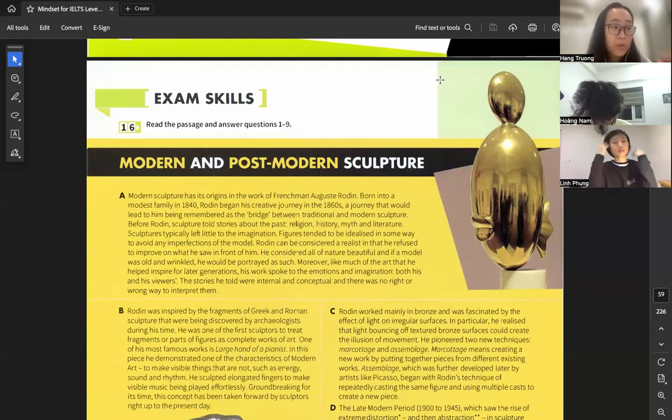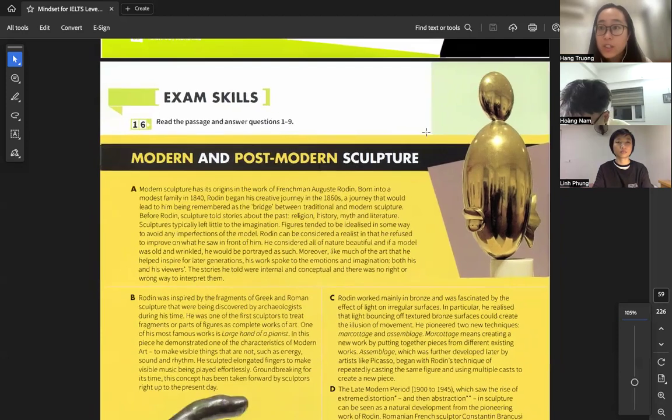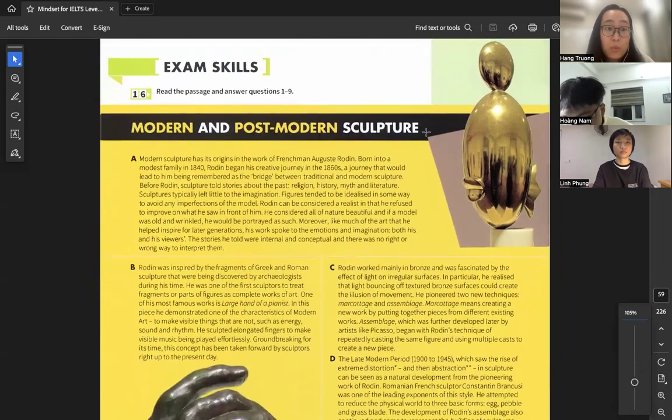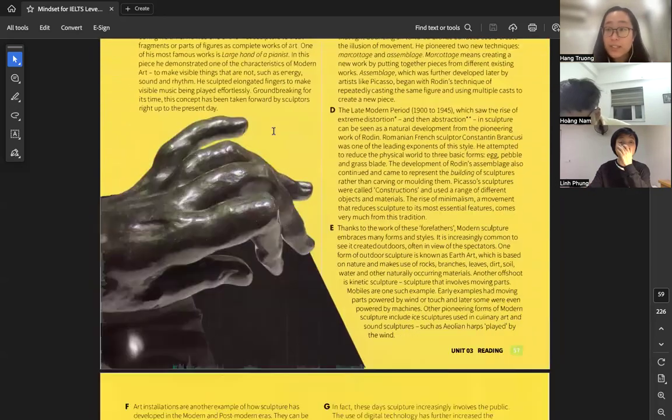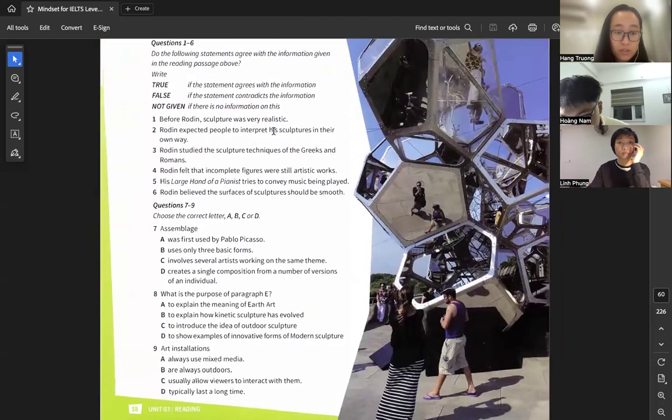Before we study the new task types, let's correct the homework from last time. I already mentioned in Google Classroom that we will correct your answers to exercise number 16, Modern and postmodern sculpture. This exercise has 9 questions in total.